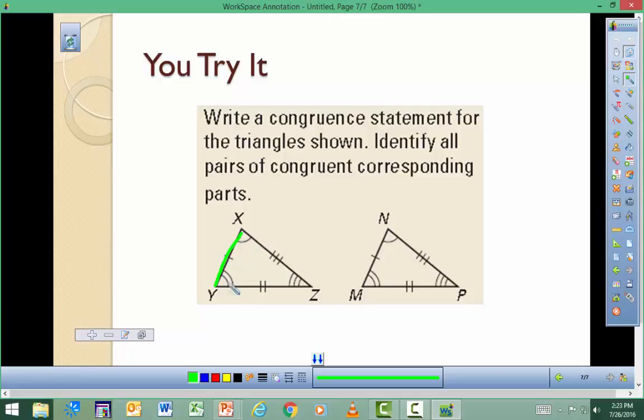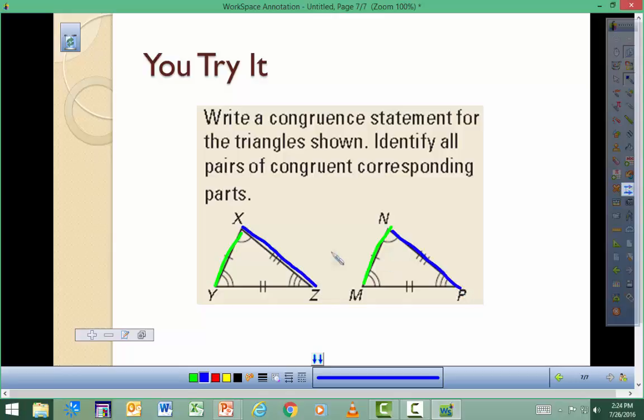This side XY matches up with this side here. XZ matches up with NP because it has the 3 tick marks, and this one has the 3 tick marks. And finally, YZ matches up with MP.